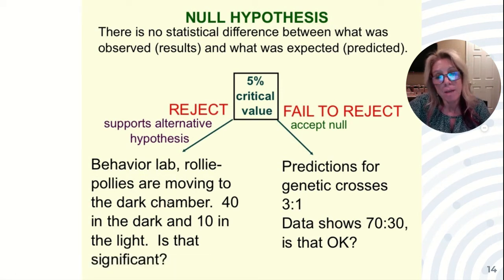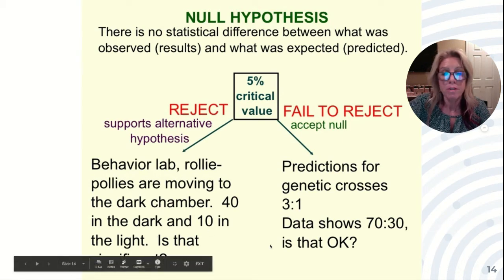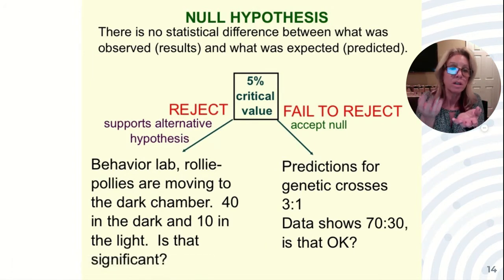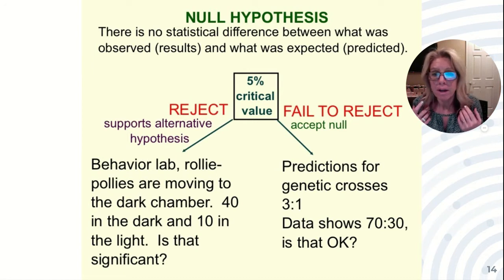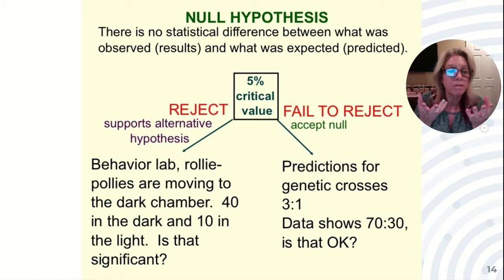A behavior lab you may or may not have done with roly-polies is you could have had two chambers for the roly-polies to move back and forth, a dark and a light chamber. If you were doing a null hypothesis, you would say light does not affect roly-poly behavior. If I have 50 roly-polies, I'd expect 25 in the dark and 25 in the light.